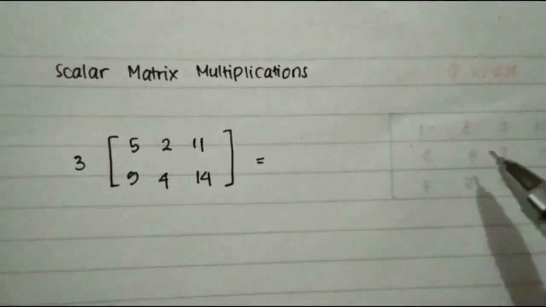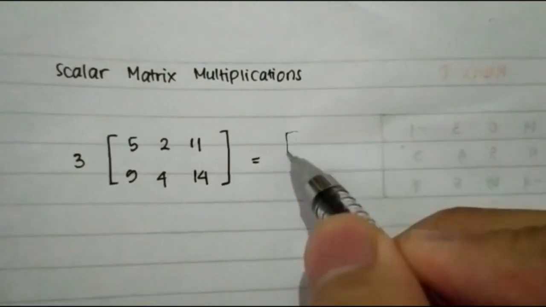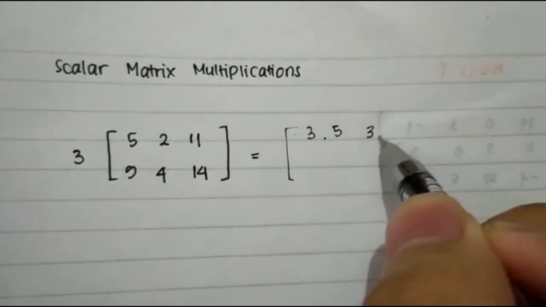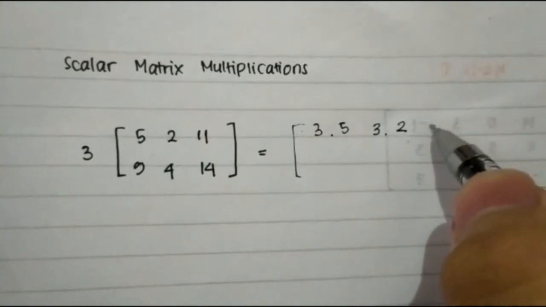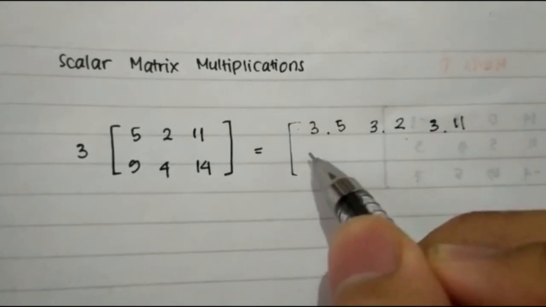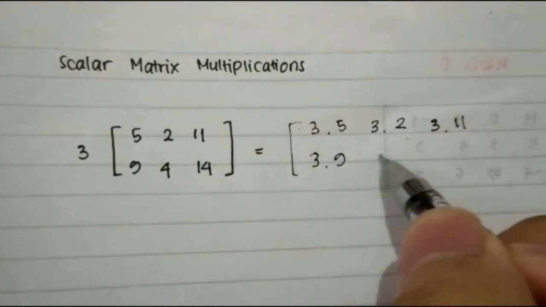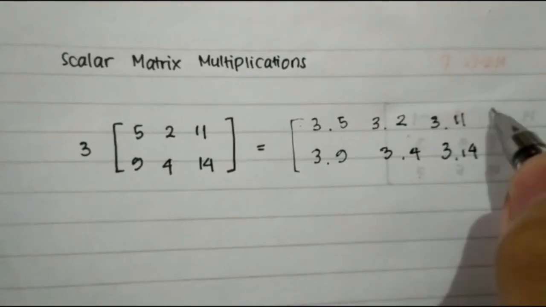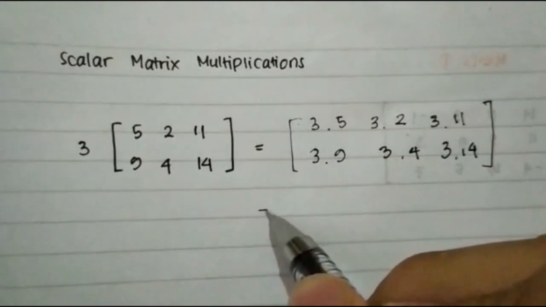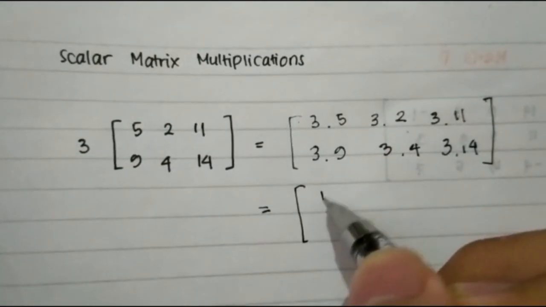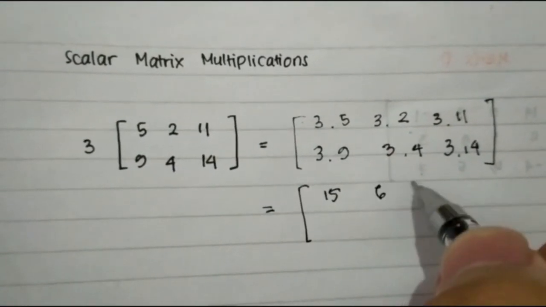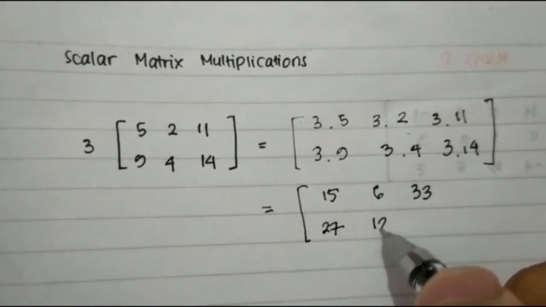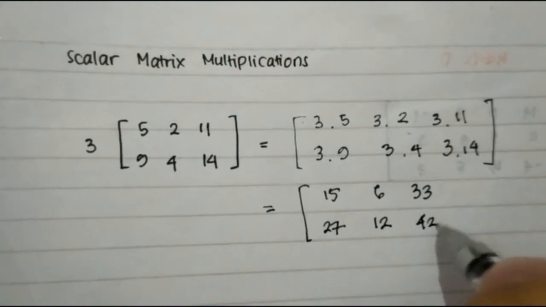It equals 3 multiply 5, 3 multiply 2, 3 multiply 11, 3 multiply 9, 3 multiply 4, and 3 multiply 14. The result is 15, 6, 33, 27, 12, and 42.